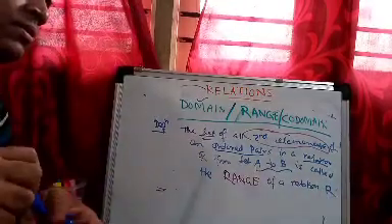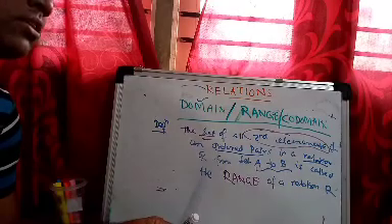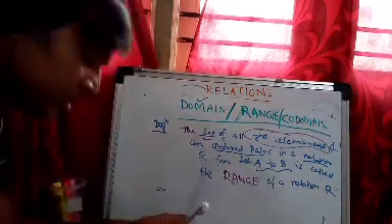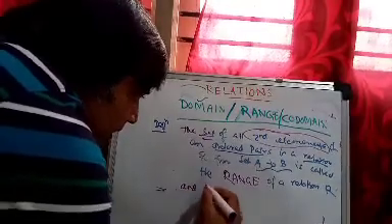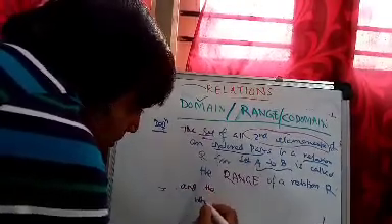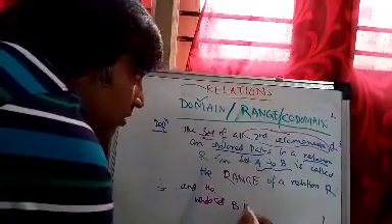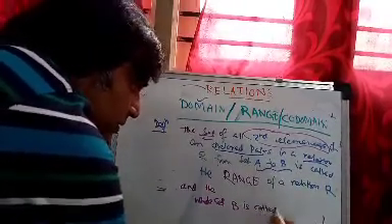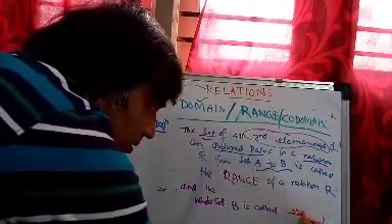Okay. So the set of second elements in a relation is called range, and the whole set B is called codomain. Hope you understand.